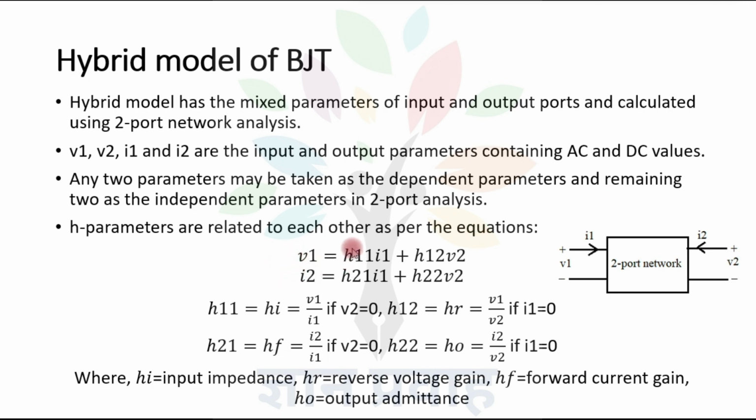From these two expressions we can see V1 is dependent here and I2 is dependent here. So the first equation is a KVL equation, and the second one is a KCL equation. We apply the KVL equation in the input loop for calculation of the V1 voltage, and we apply the KCL equation in the output loop for calculation of the I2 current. That is the important thing for calculation of the equivalent model.